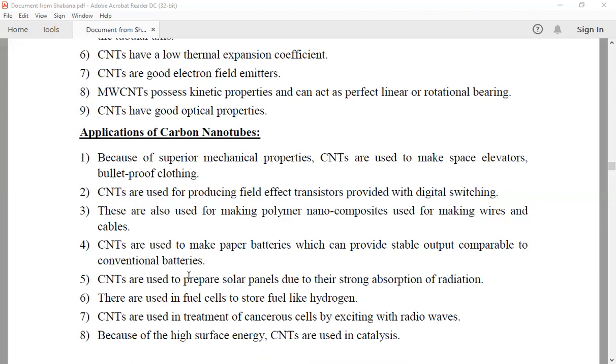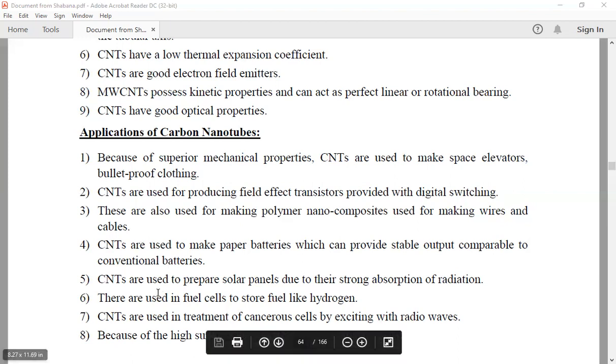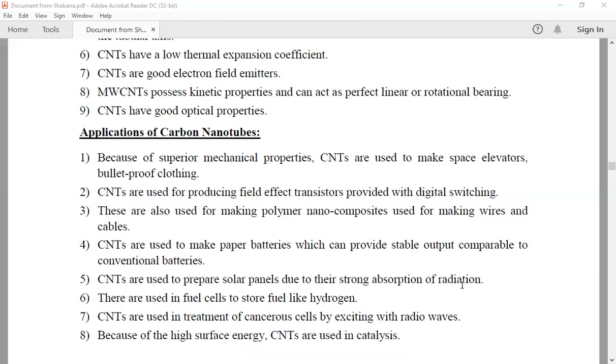Coming to the next application, one of the promising applications of carbon nanotubes is their use in solar panels, due to their strong absorption of radiation like UV, visible, and IR.